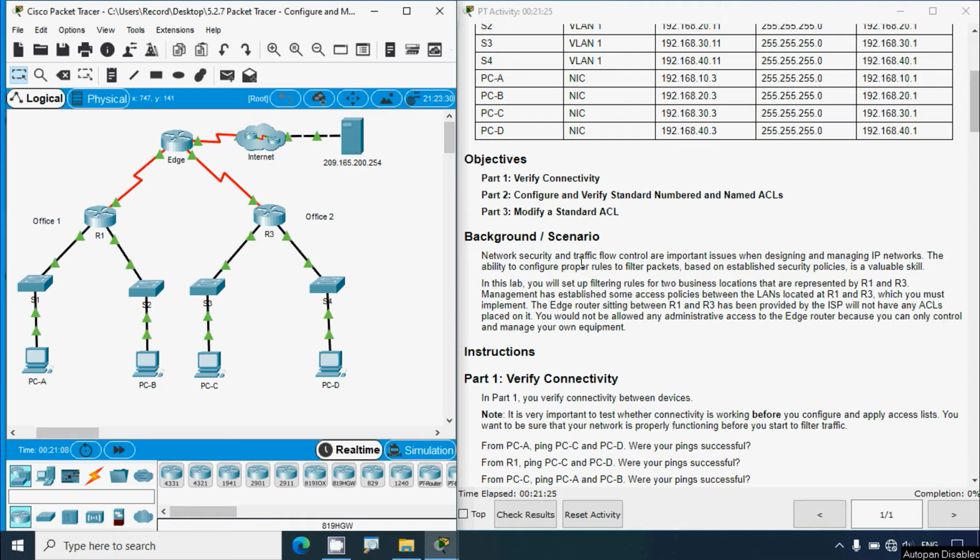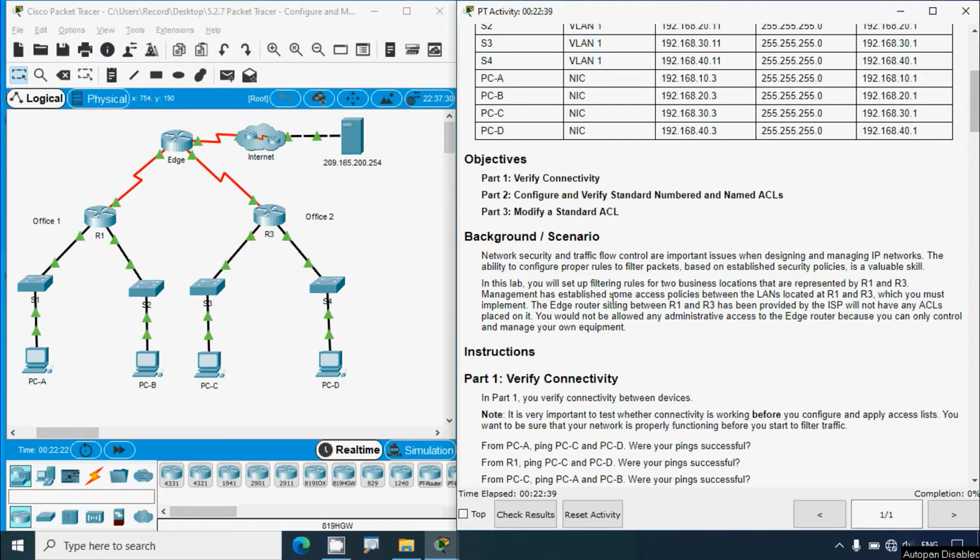Network security and traffic flow control are important issues when designing and managing IP networks. The ability to configure proper rules to filter packets based on established security policies is a valuable skill. In this lab, we will set up filtering rules for two business locations that are represented by R1 and R3.